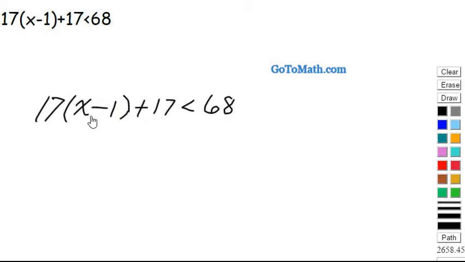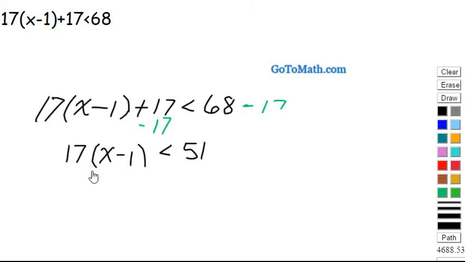So we want to isolate this x, and the best thing to do at this point is take this 17 to the other side, which means we subtract 17 from both sides. So we end up with 68 minus 17. So we have 17 times x minus 1 is less than 51.